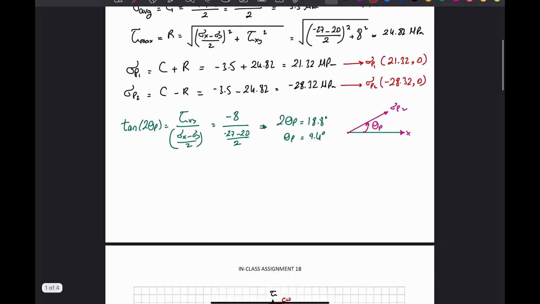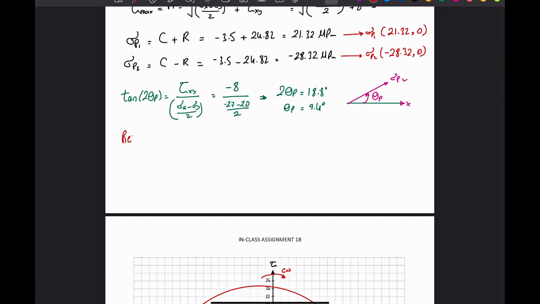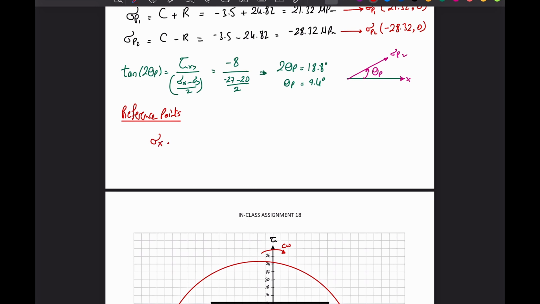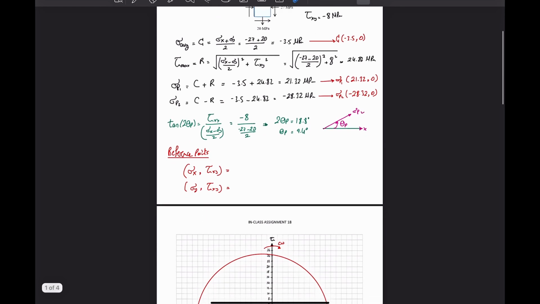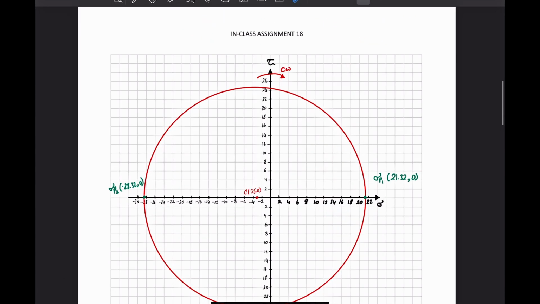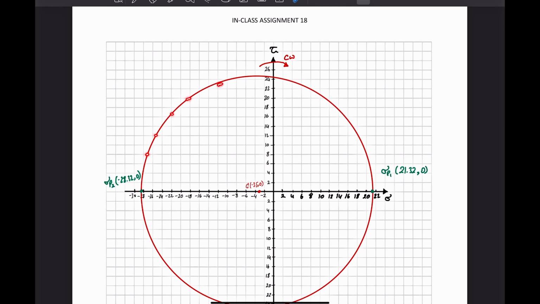Finally, I want to find where the reference points are, which is the xy plane that I'm going to put on the Mohr circle. I'm going to say x and tau xy, and then y and tau xy. We want to find a point on a circle. The circle is all these points on the perimeter, and every point represents a plane.